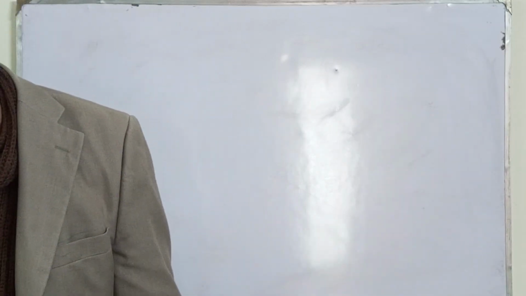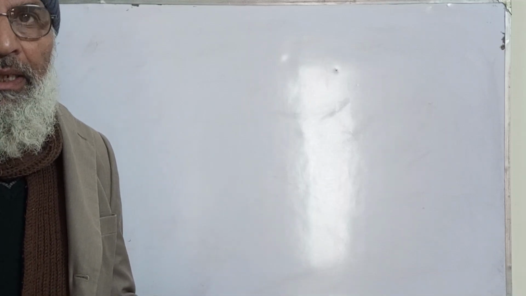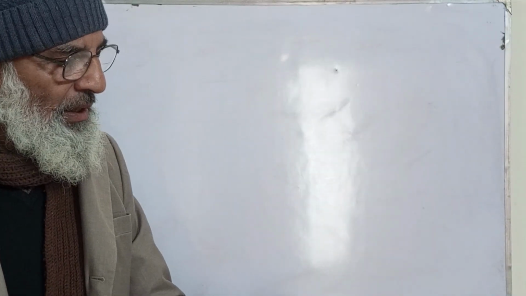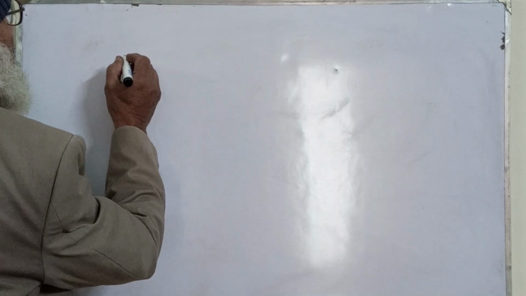Now, let me tell you that when I was in grade 4 or 5, in our course book, there was a book of arts and crafts in which a hard paper, cardboard-like paper was there, and a figure was drawn.